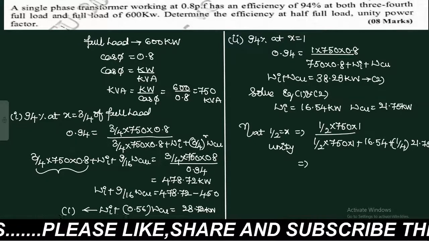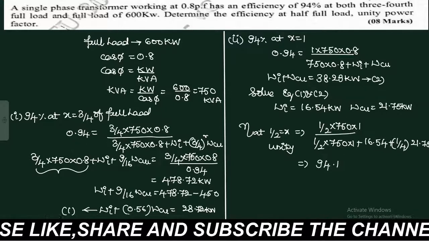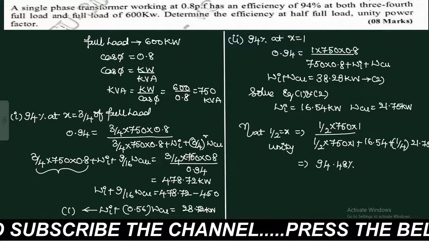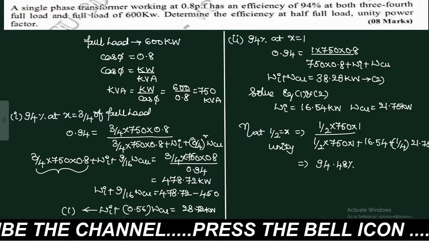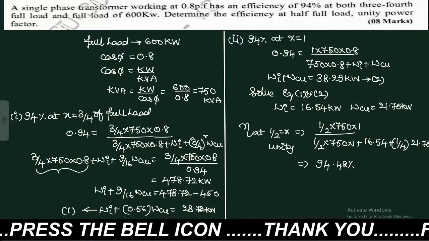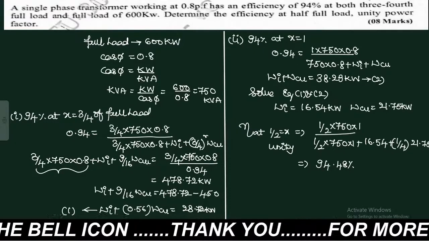If you do this, the efficiency will be 94.48 percent at half full load, unity power factor. So it is a very simple problem. This is given from the third module.